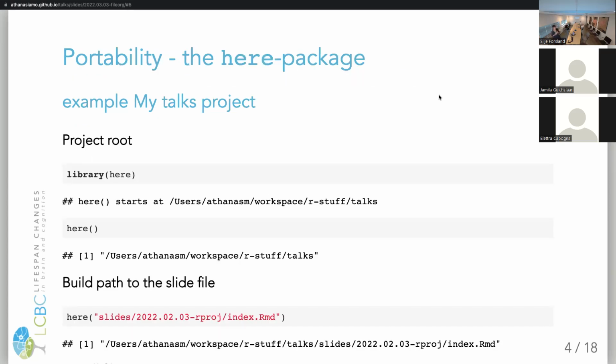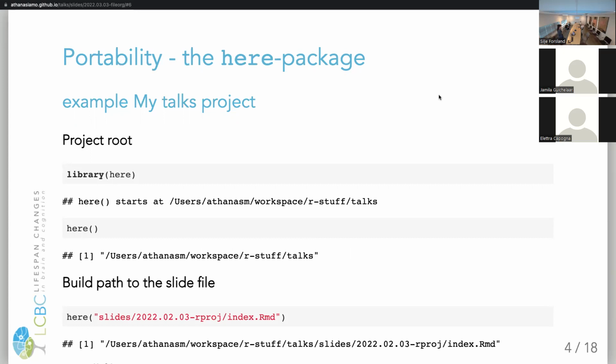When we were talking about portability a lot last time, we were talking about the here package, which helps us reference the files in our project relative to our project root. As long as your project is set up as an R project, here just knows where the root of the project is, and it can reference all your files from there.